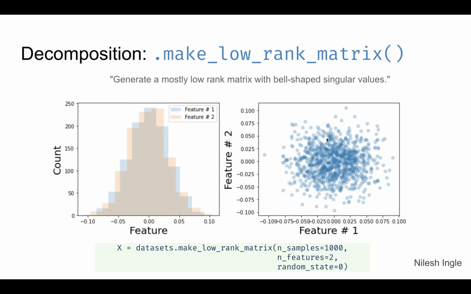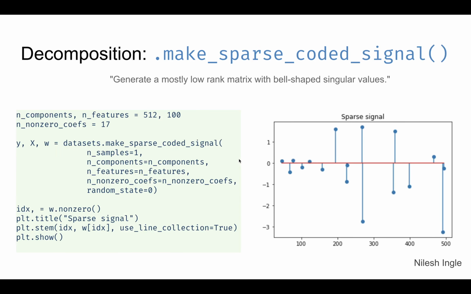So that's the make_low_rank_matrix. The next one is make_sparse_coded_signal, and we have seen this in one of our earlier videos, where we can create this sparse signal as shown here on the right hand side by using this code shown on the left hand side.